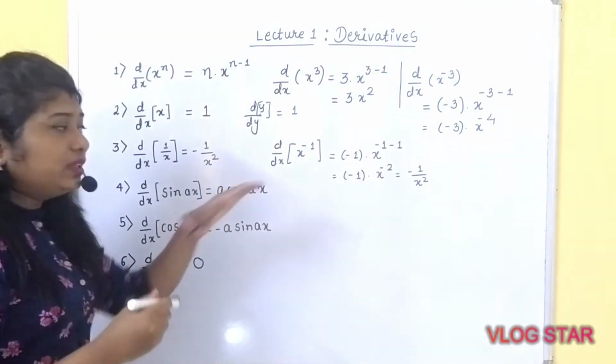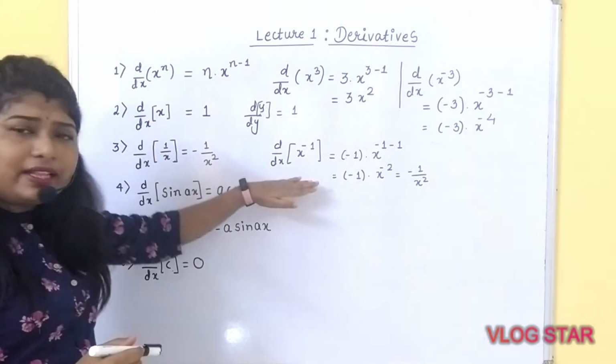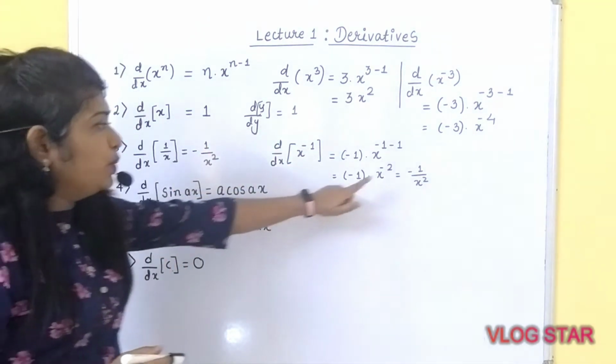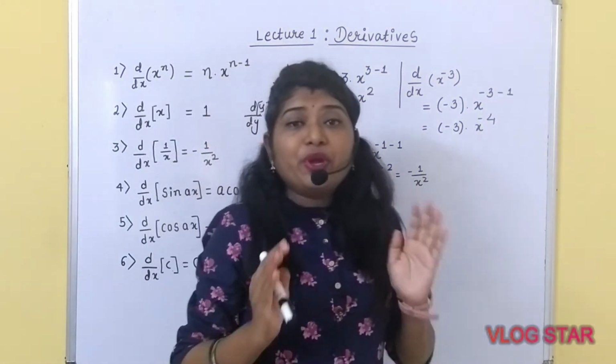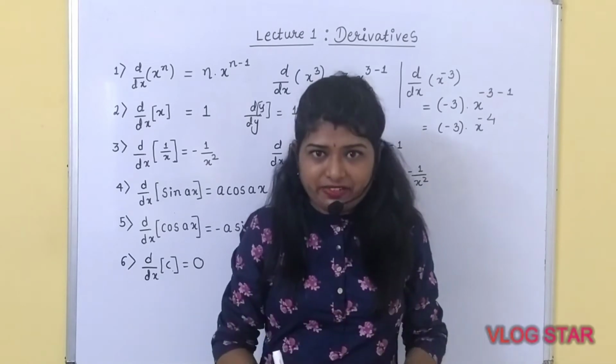So as per the third formula, the derivative of 1 upon x, which is x raised to minus 1, is equal to minus 1 upon x square. I hope you have understood the third formula.